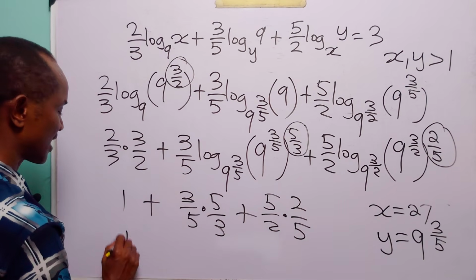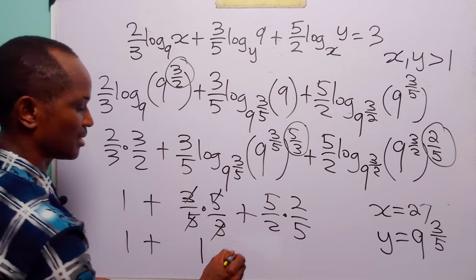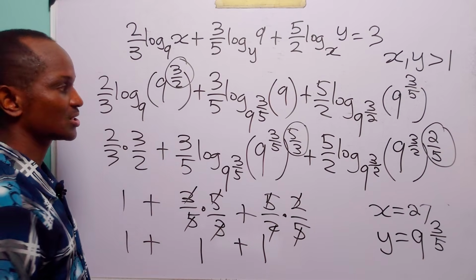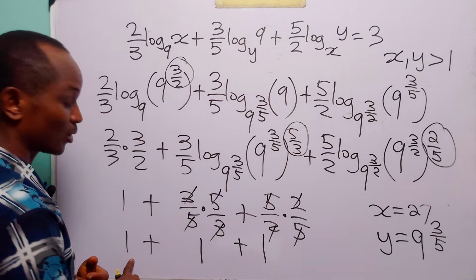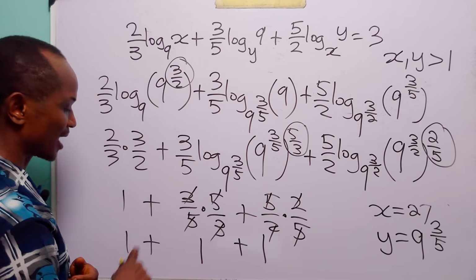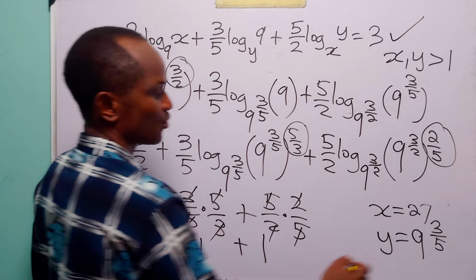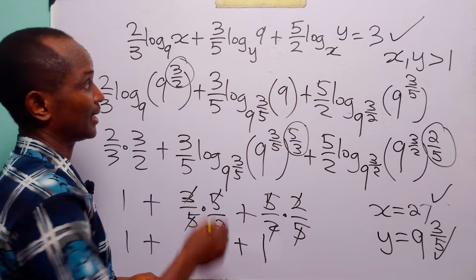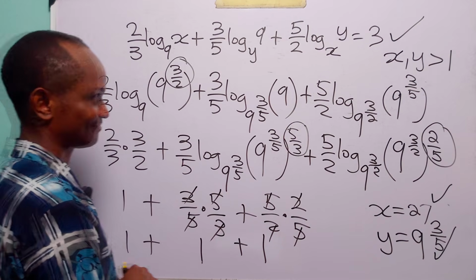Now, of course, we have 1. This, that, 1. Plus this, that, 1. Note that this is equal to this, equal to that, equal to 1. And of course, 1 plus 1 plus 1 is equal to 3. So, for this value of x and this value of y, this logarithmic equation is satisfied.